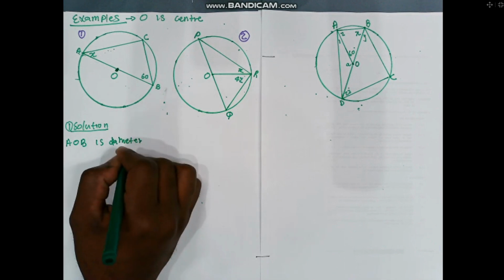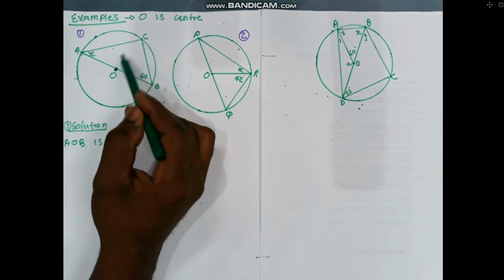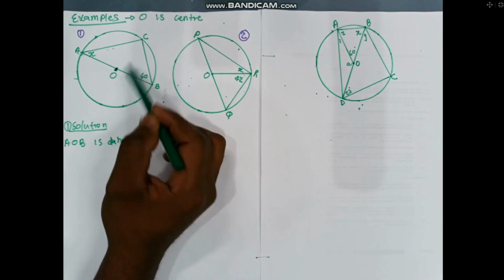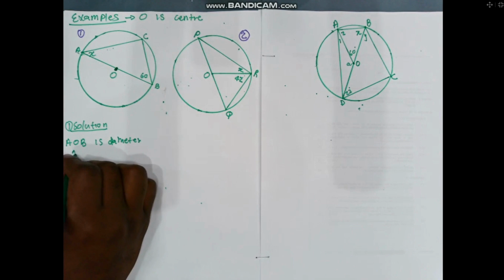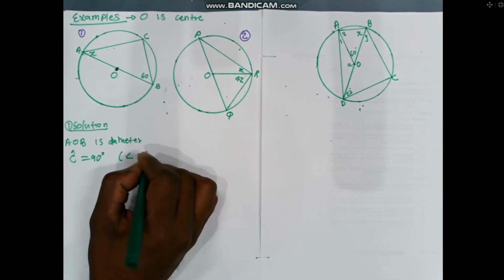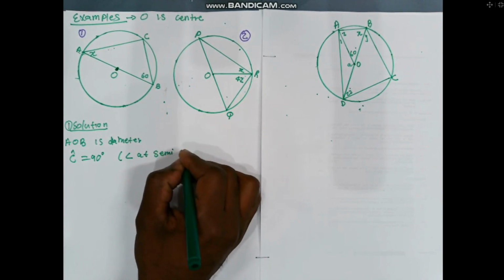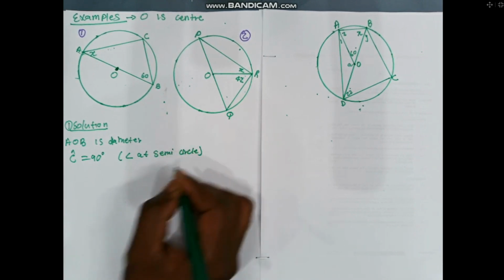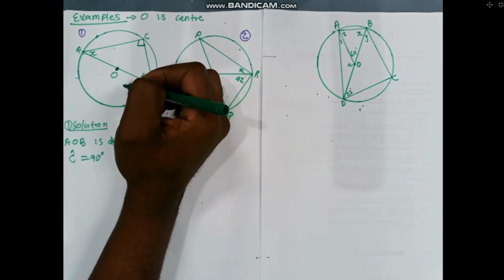Then if AOB is a diameter, now we need to check, do we have an angle here that subtends this diameter? Yes, we do. It's C. So C is equal to 90 degrees. Why? Angle in a semicircle. Now this one is 90 degrees.